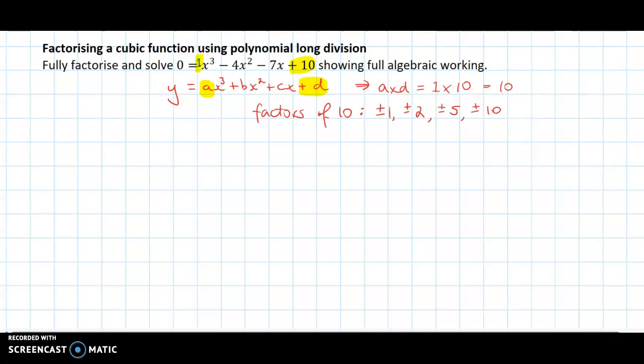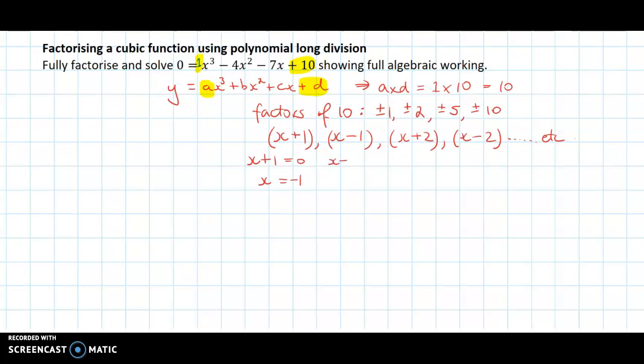So I want to start by testing the lower end of those factors. I would probably start off by testing x plus 1, then maybe x minus 1, x plus 2, x minus 2, and if I needed to, I'd keep going. And remember that reverse null factor law. If I looked at x plus 1 equals 0, what I'm actually substituting into the function is x equals negative 1.